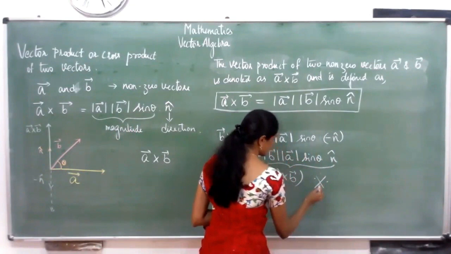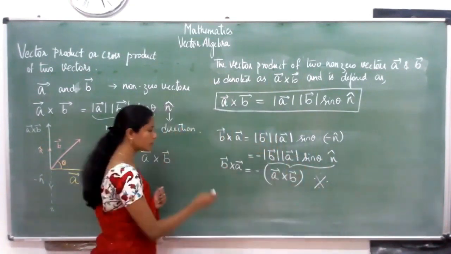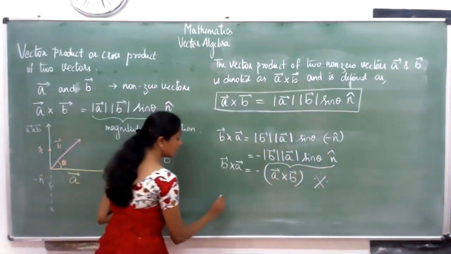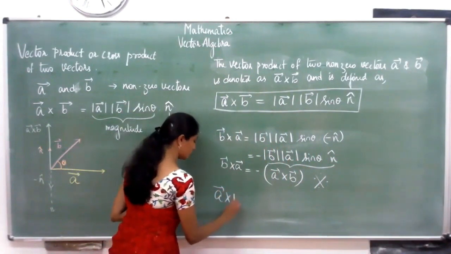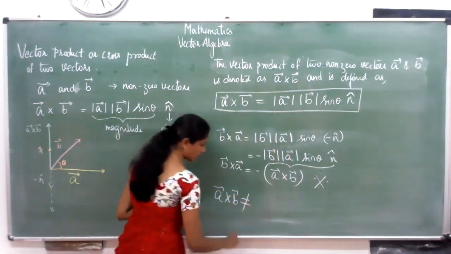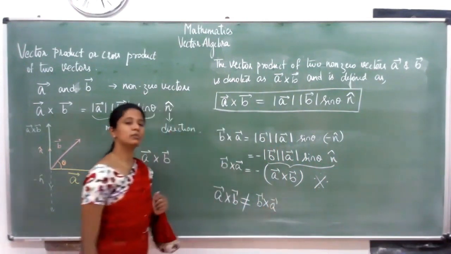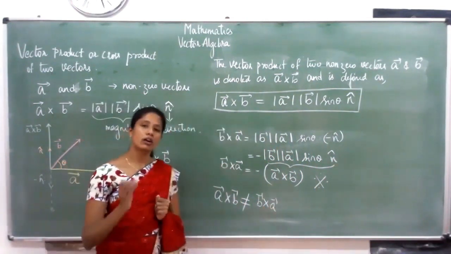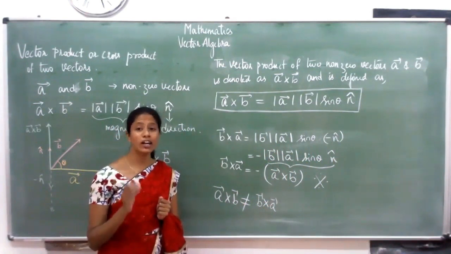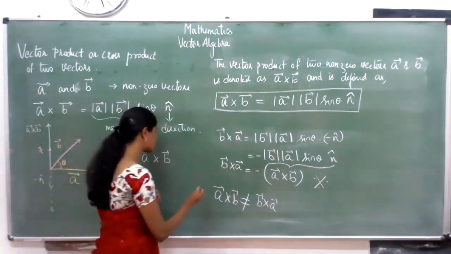This is very important. So what does this conclude? This concludes that vector A cross B cannot be equal to vector B cross A. That is, we can say that the cross product is not commutative. Very important result.